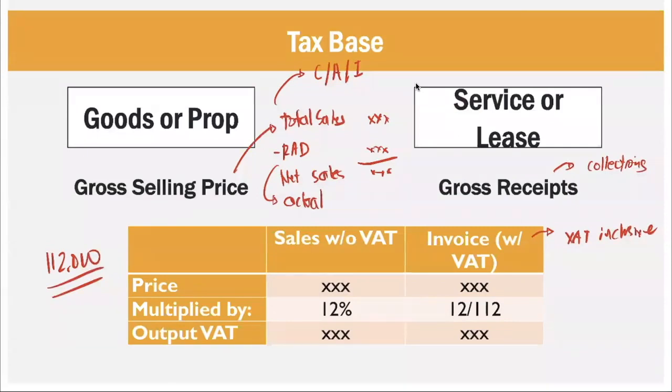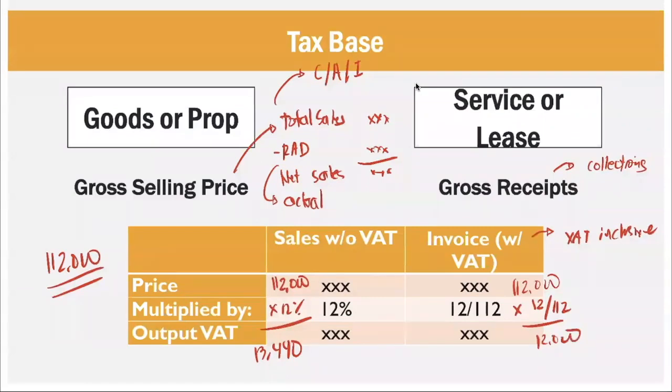If that sale is without VAT, you have 112,000 times 12%. Our output VAT is equal to 13,440. However, if the problem states that that is already the invoice price, meaning it is already VAT inclusive, 112,000, you multiply it by 12 over 112, and we have 12,000 pesos as the output VAT.